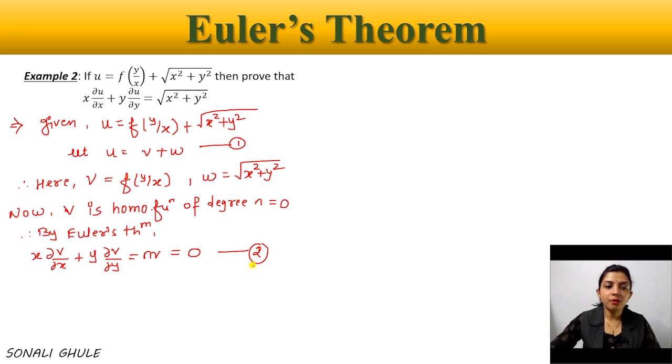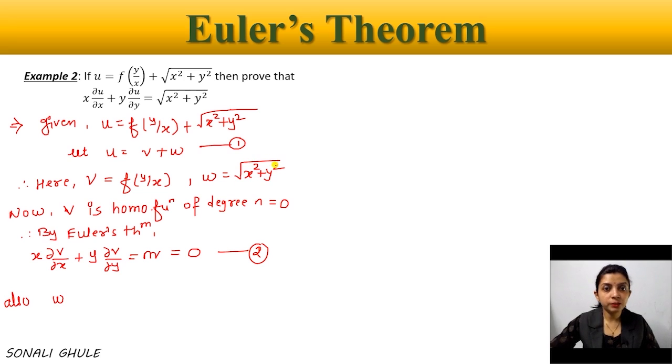Now next, also talk about w. See, this is your w. We say the function is homogeneous when each term of your function has the same degree. So here, this is your term x square. What is the degree? 2. This is your term y square.